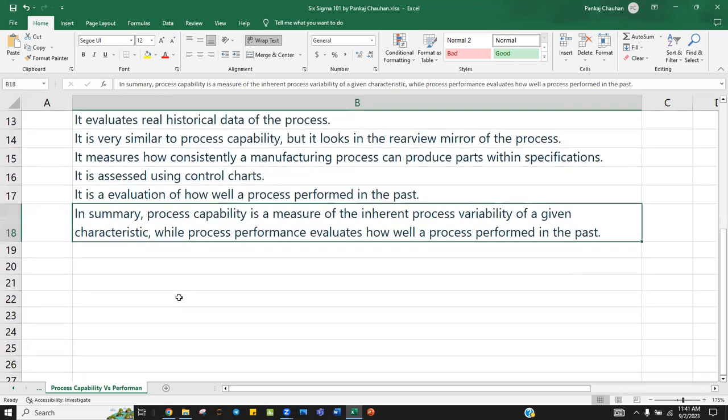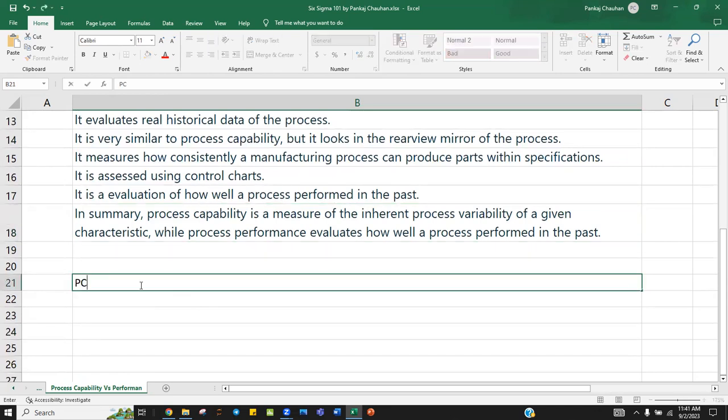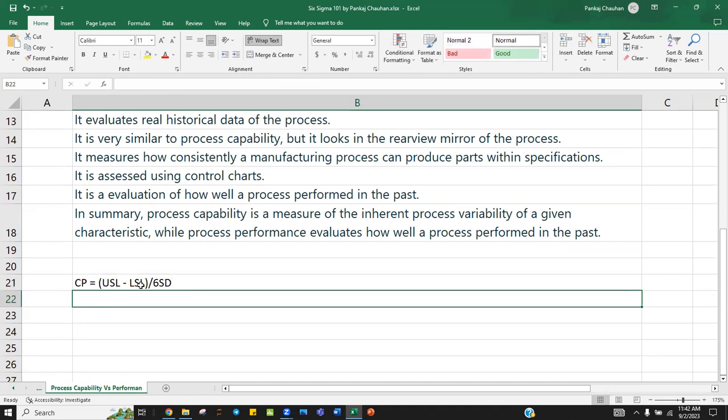So, coming to the calculation part, CP is the formula: you take the difference of the specification limits, USL minus LSL, divided by 6 times the standard deviation. While CPK is the minimum value of CPKU and CPKL.